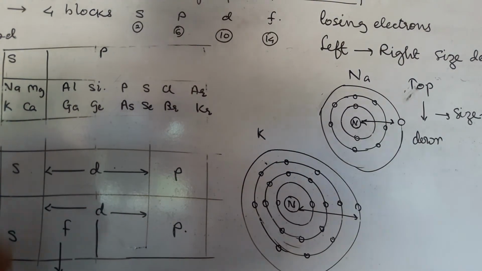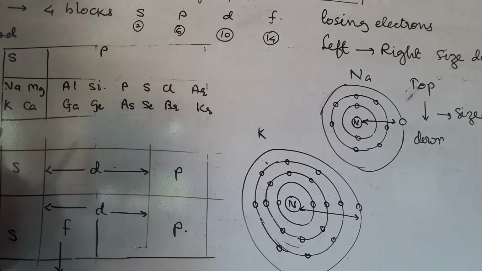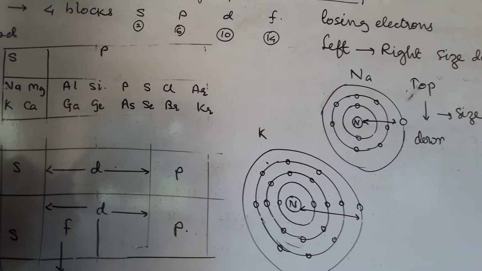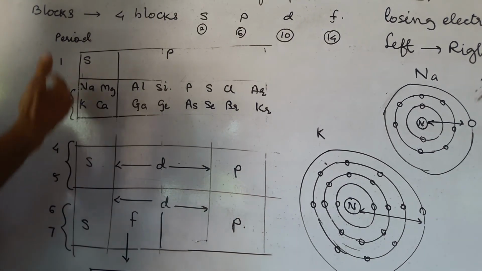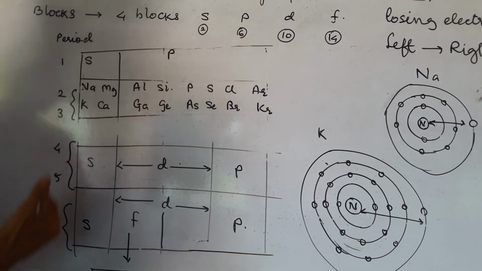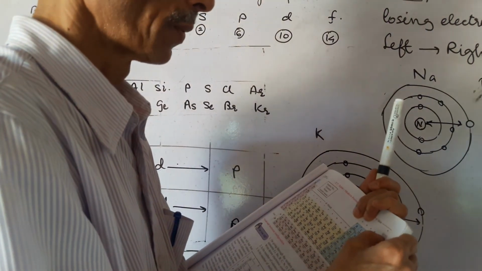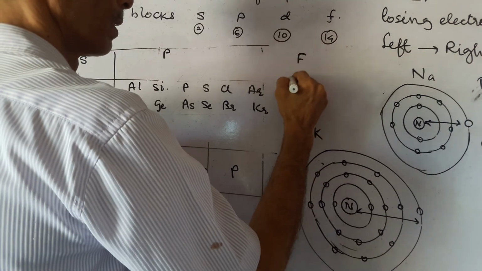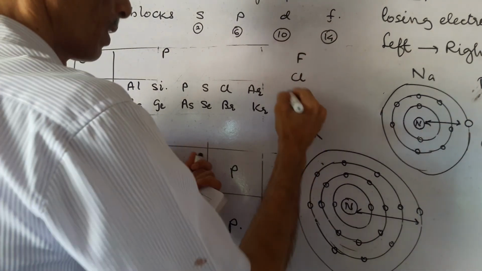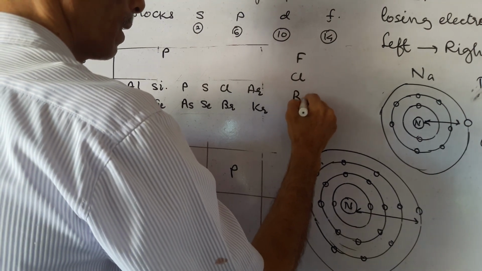As you come down the group, sodium, potassium, then rubidium and cesium, francium, all these metals become stronger and stronger. On the other hand, you will find the last group, group 17, as we know, the fluorine, chlorine, bromine and iodine.